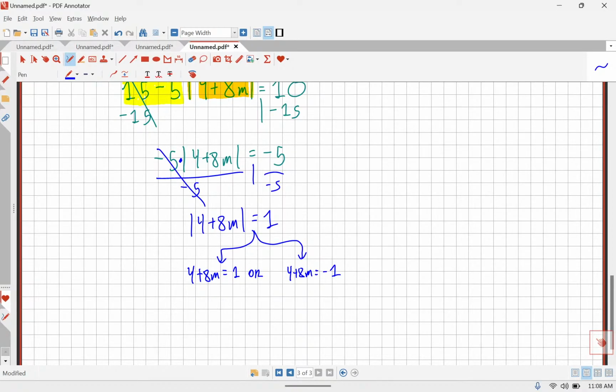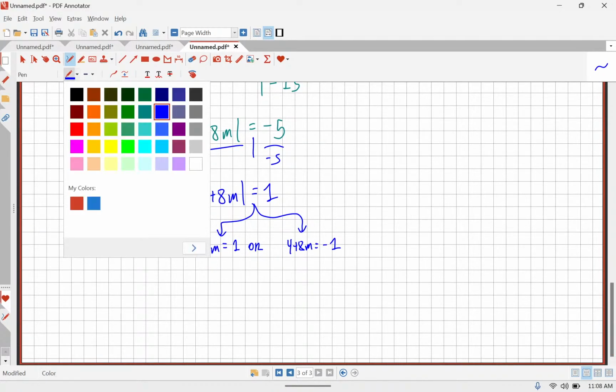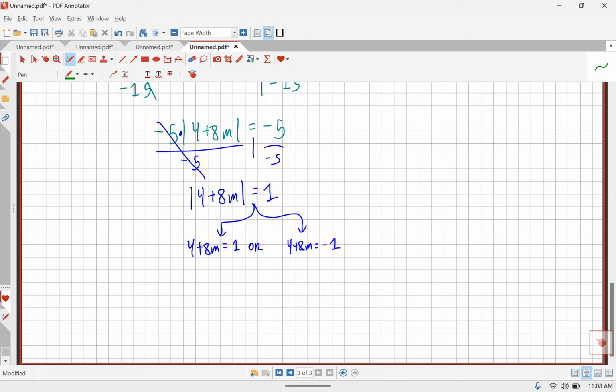How would I solve these? Jack, how would you solve those two-step equations? What would you do? Yep. So that would be 8m equals negative 3. Divided by 8. And what is negative 3 divided by 8?